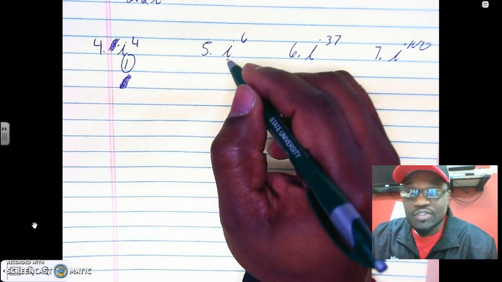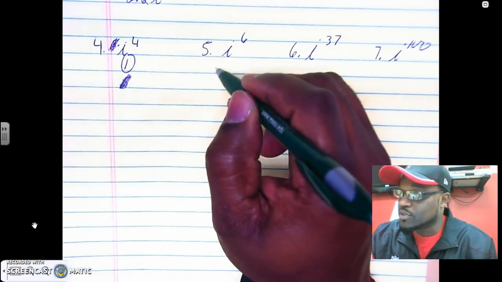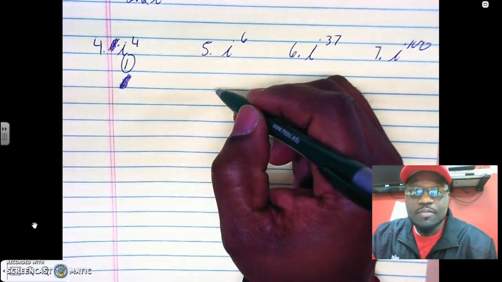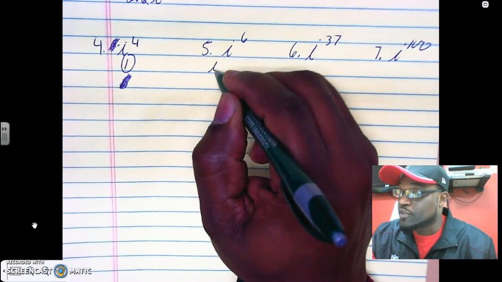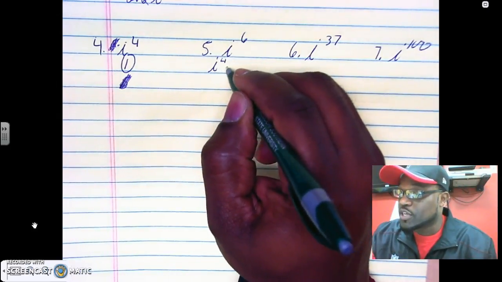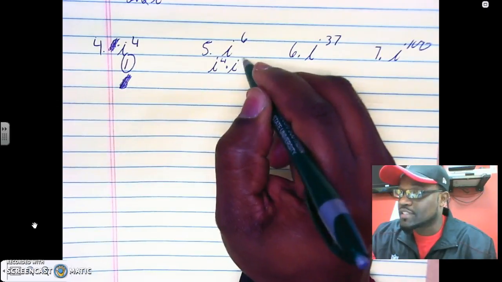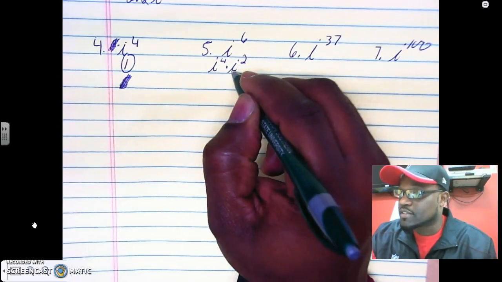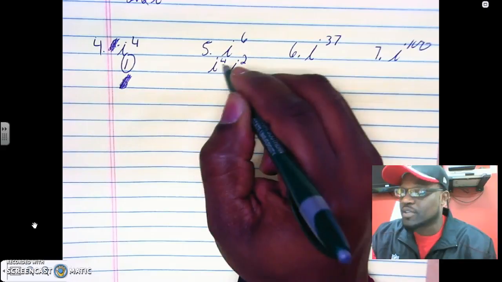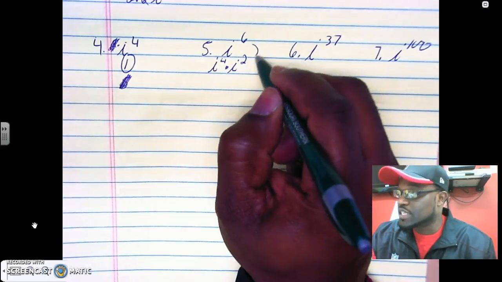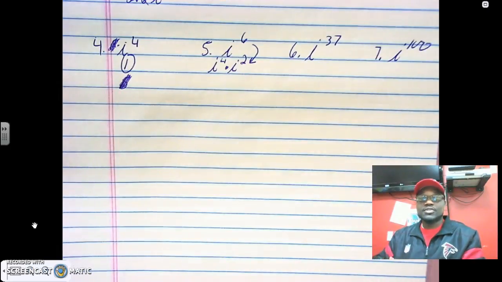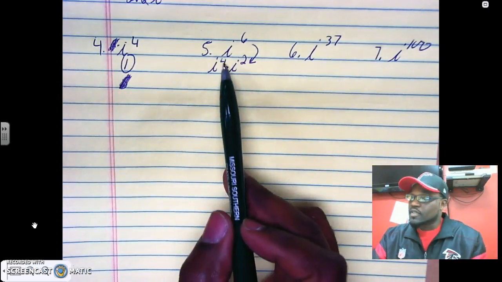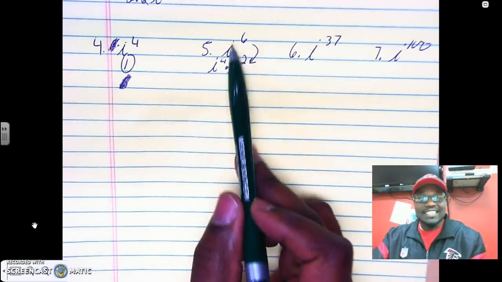i to the 6th is not on the chart. So basically what I'm going to do is separate or subtract out the biggest multiple of 4. Now if you go back to your exponent properties, you'll remember that if you've got the same base and you multiply, you add their exponents. So i to the 6th really is i to the 4th times i squared. Now why did I do i to the 4th times i squared? Because 4 is the biggest multiple of 4 that's inside 6.